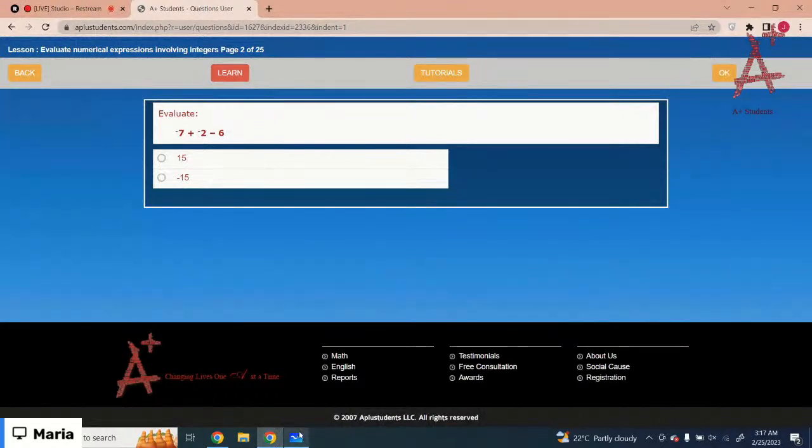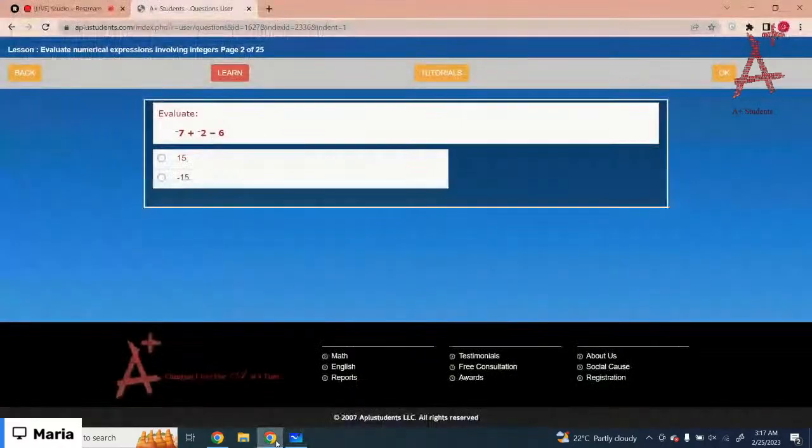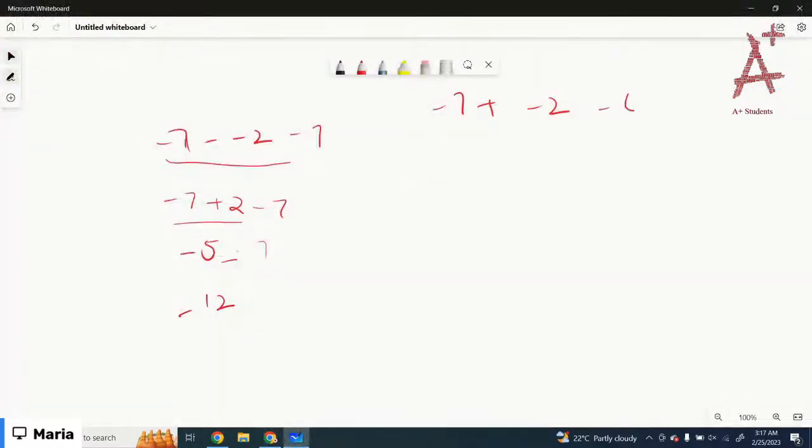Let me write it down on the board. Negative 7 plus minus 2 and minus 6. Now we are adding two negative integers. When you are adding two negative integers, they have the same signs, so you have to add them and put the sign of the negative number. 7 and 2 is 9, so it is negative 9.